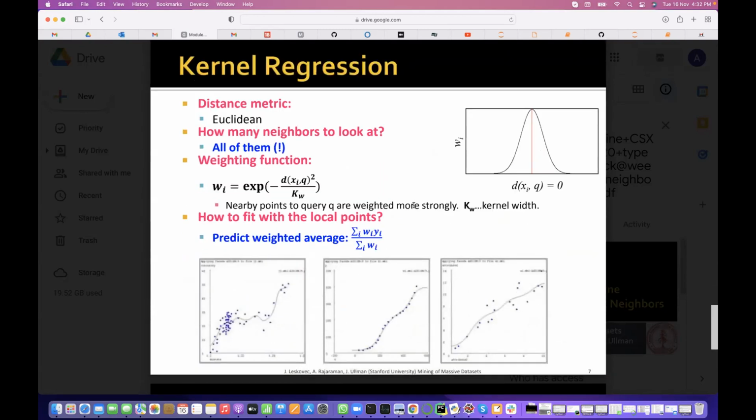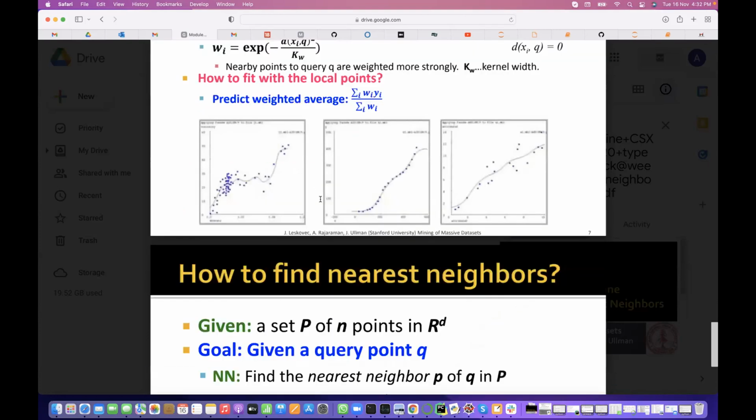You can also use kernel regression: distance metric Euclidean, how many neighbors to look at, all of them, you take all, then weighting function equal to exponential of minus d(x). So if they are farther, their contribution is less. If they are closer, their contribution is more. So nearby points to query q are weighted more strongly based on your kernel width. The kernel width is that.